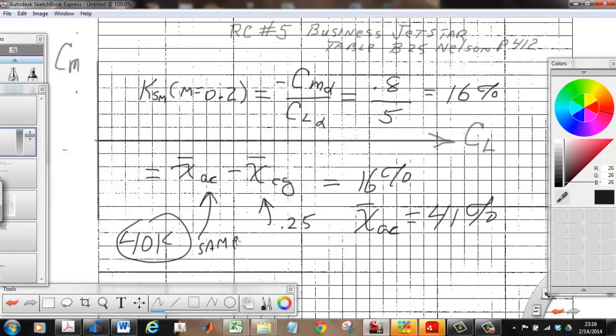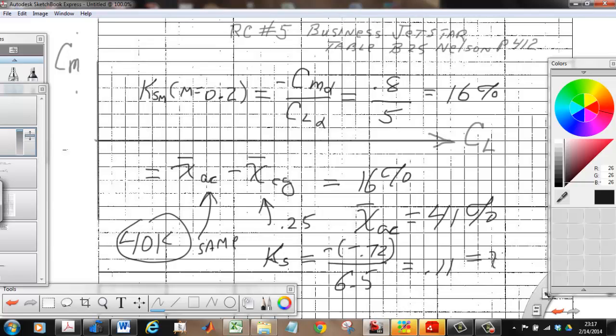But the derivatives change. So the static margin, again using the same formula, minus Cm alpha over Cl alpha equals minus a minus 0.72 divided by 6.5, and that equals 0.11 or 11%.